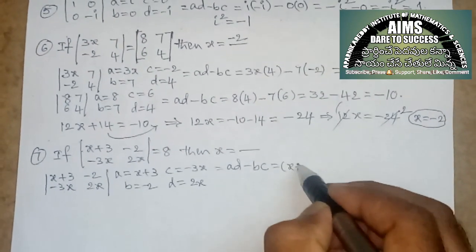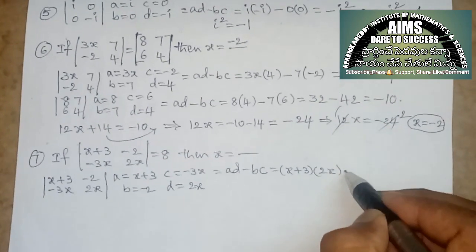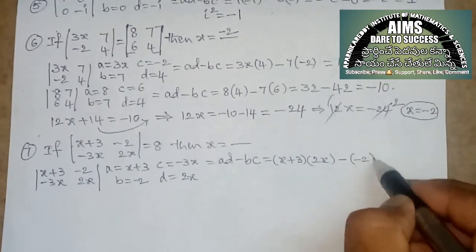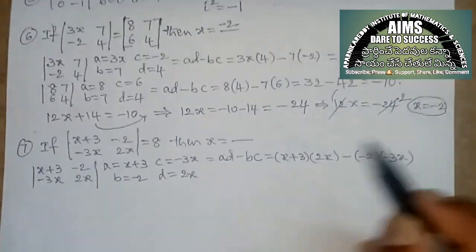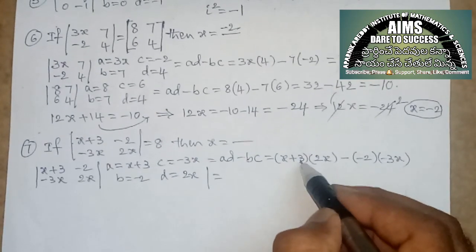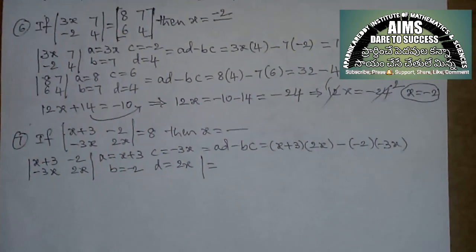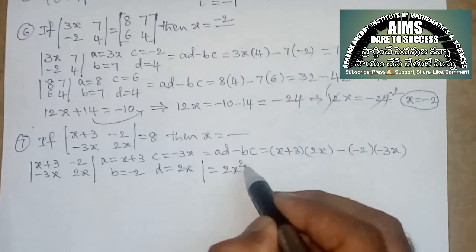A value x plus 3 into D value 2x, minus B value minus 2 into C value minus 3x, is equal to x plus 3 and 2x multiply. We get x into x, 2x square.